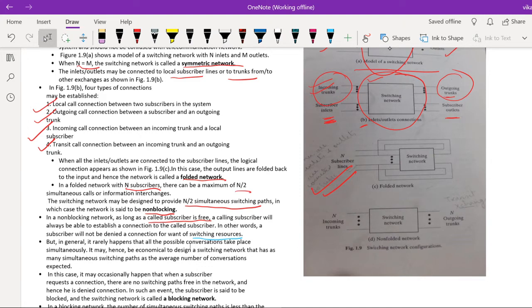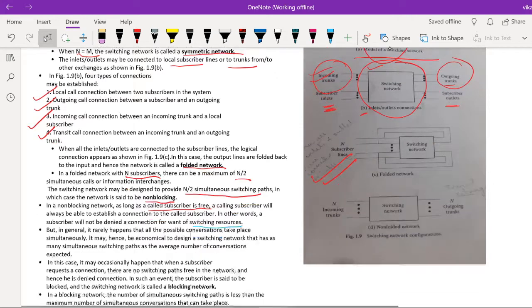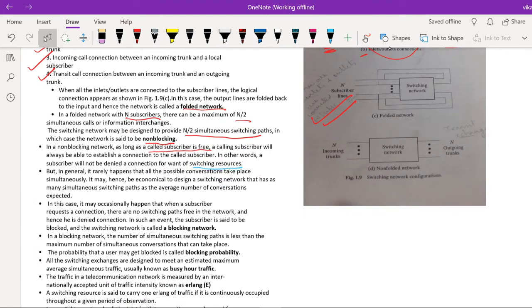So our design parameters are taken care of in such a way that the maximum number of paths which are made available in a switching system is not equal to what is theoretically possible.